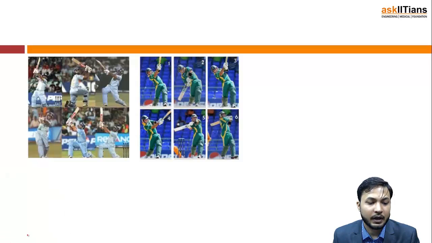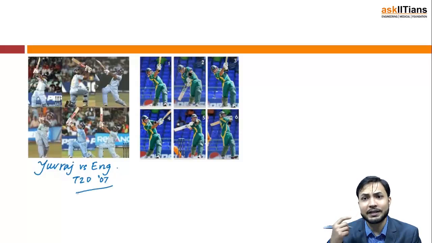If you have a look, you will come to know that in both cases, these are the maximum that could happen in an over. Let's say this is Yuvraj Singh's innings against England in the first ever T20. I'm sure everyone remembers this one.